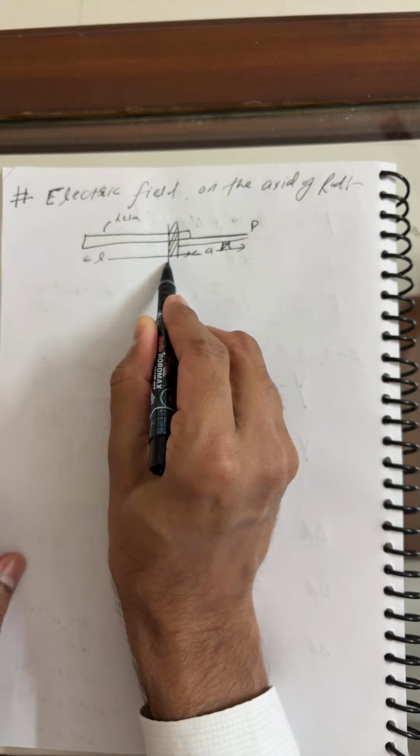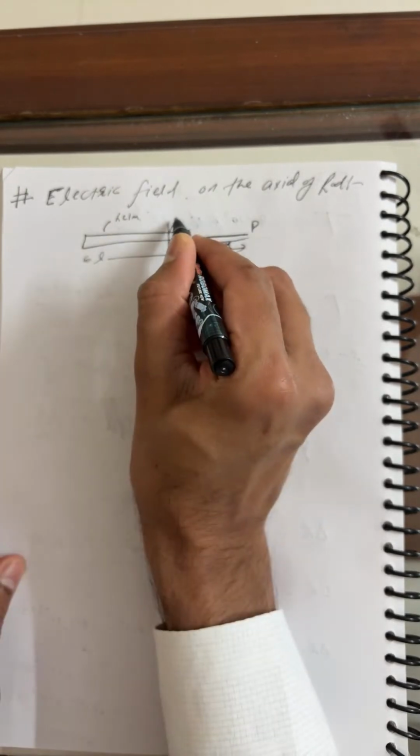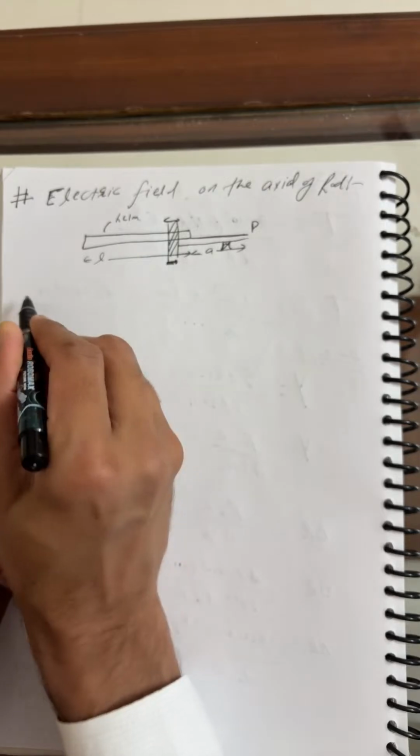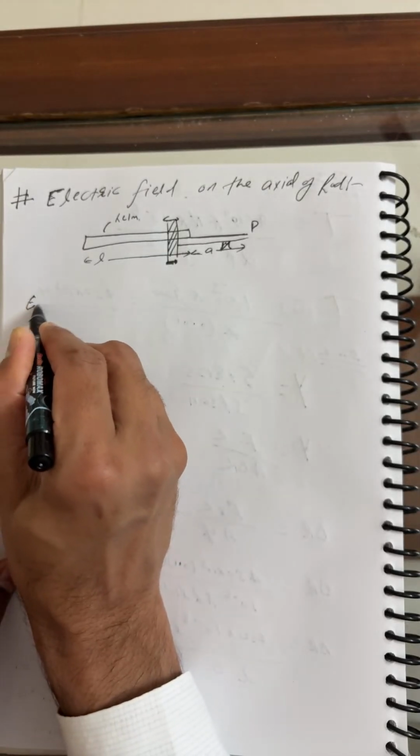You have to move x and take an element dx. If you have a rod, you can apply this approach: move x and take element dx. So now this is the elemental mass, or here the elemental charge.